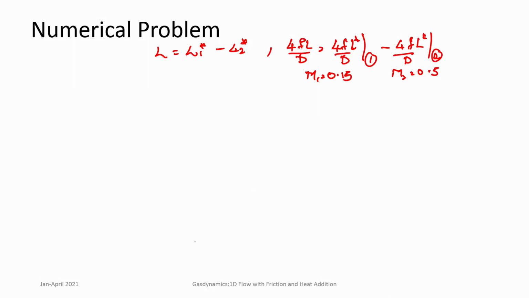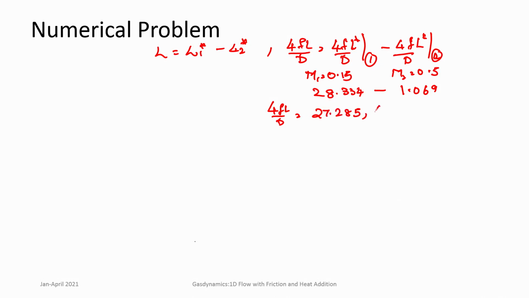Therefore we just have to find this 4FL star by D. You can look at tables, or you can take a calculator, you can look at the online calculators, you can plug in these values gamma and M, and you get this as 28.334, while this is 1.069, and the difference 4FL by D is 27.285.